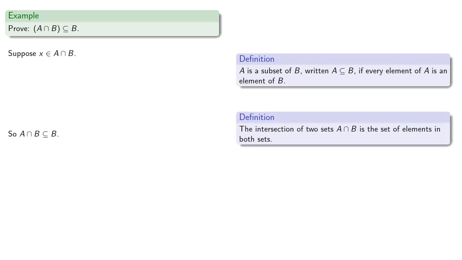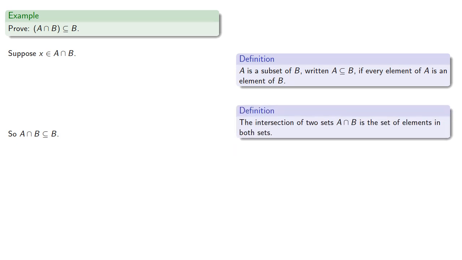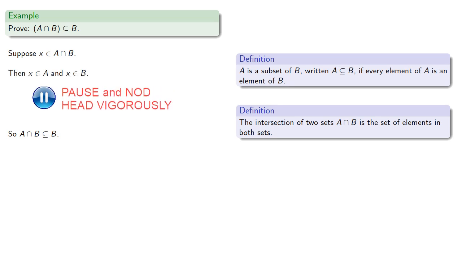Our definition of intersection tells us that if X is in the intersection, then X is in A and X is also in B, which means that X is in B, which provides a link to the last step.